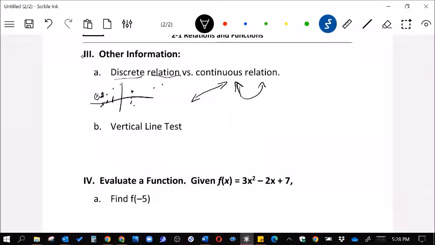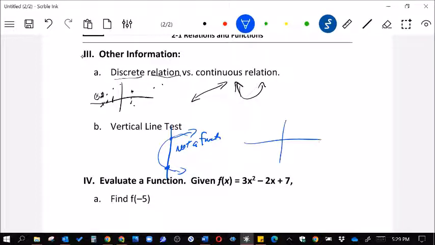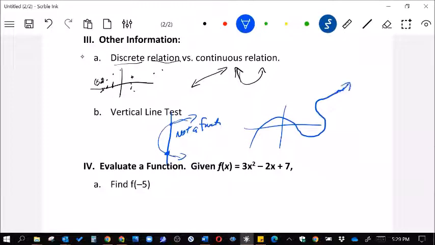The vertical line test, as a reminder, is that when you have what you think is a function, if you can draw a vertical line and cut it in 2 places, then it's not a function. Okay. So if I had another one that looked like this, it gets confusing here because here I can draw lots of lines, but when I get over to here, now I see it hits 3 different places, and so this is not a function.